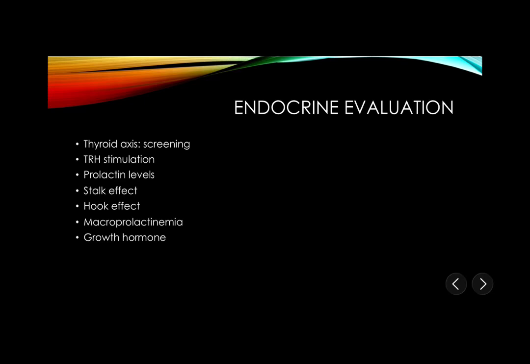Is the thyroid not making enough thyroxine, or is there some central cause? So you give TRH. In a normal person, you first of all check the baseline TSH, then you give TRH, and then you check what is the level of the TSH. The normal response is that the TSH will peak at twice the baseline level.